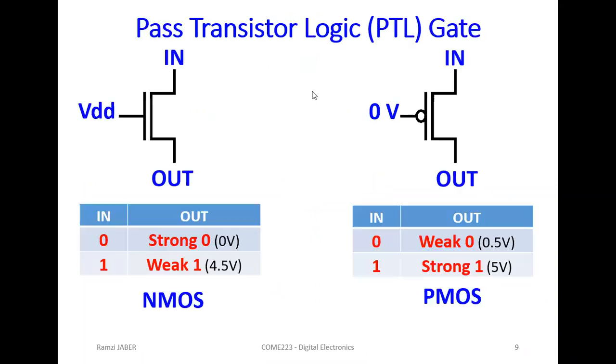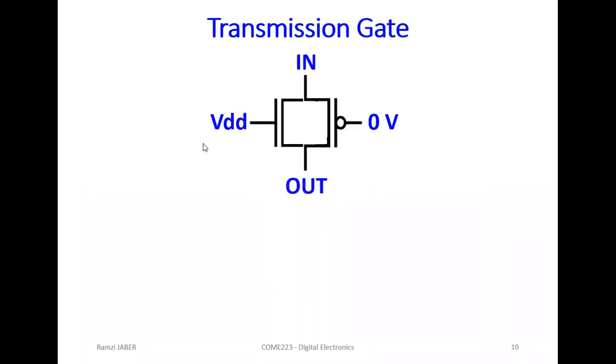To avoid the weak 1 of the N channel and the weak 0 of the P channel, we put them in parallel, N channel and P channel at the same time, and they are turned on at the same time.